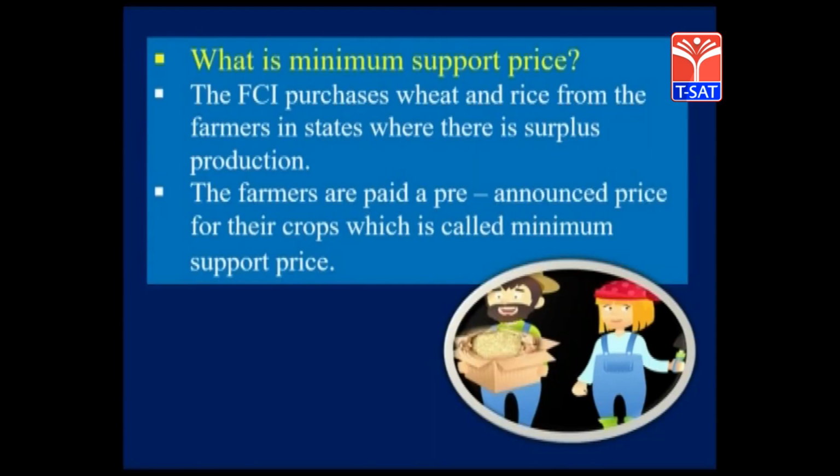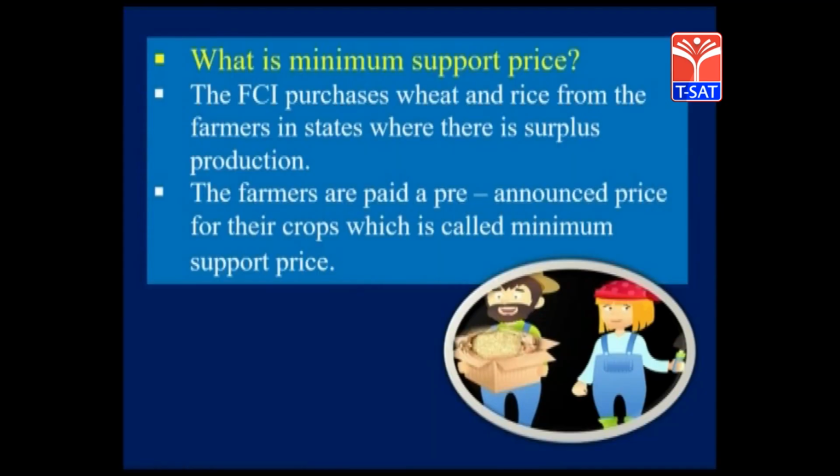At what time is the deal fixed? Before the production takes place, the government approaches the farmers and fixes a certain price at which the government is willing to purchase from the farmers, and this price will not be a loss to the farmers at all. It will give profitability to the farmers. Such a price, fixed by the government so that the farmer doesn't go into losses, is called minimum support price.